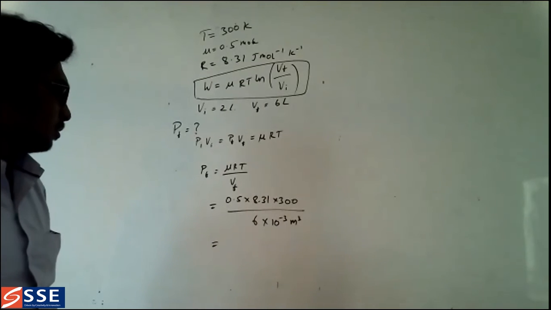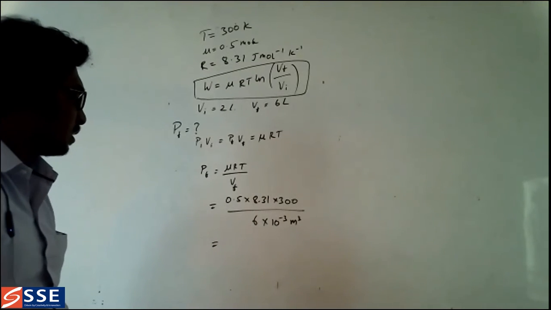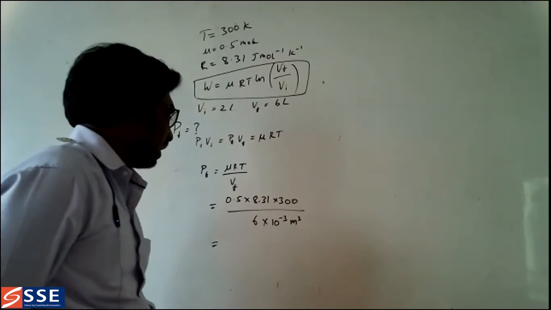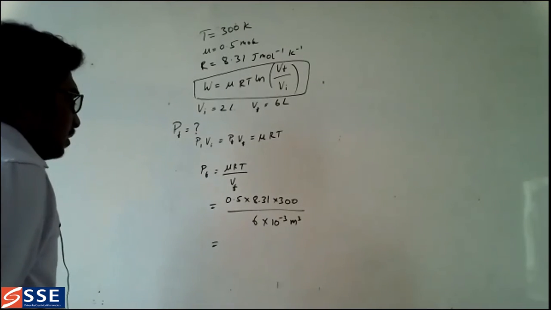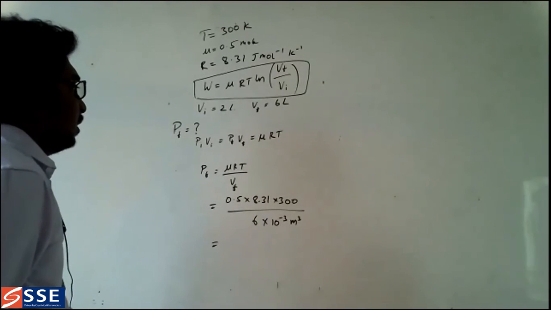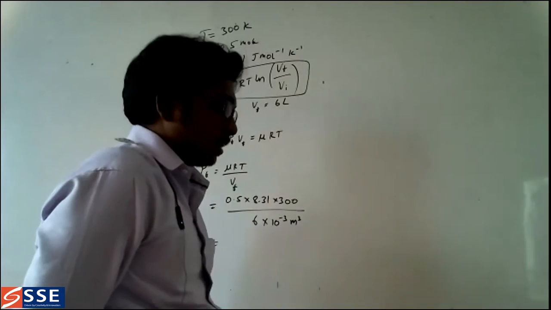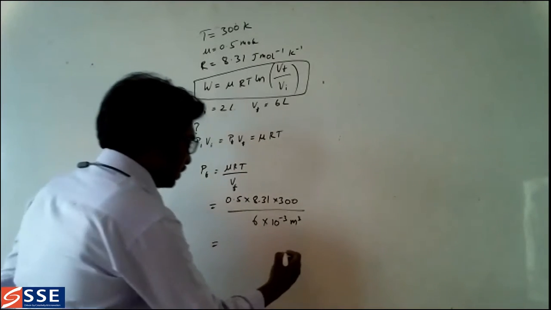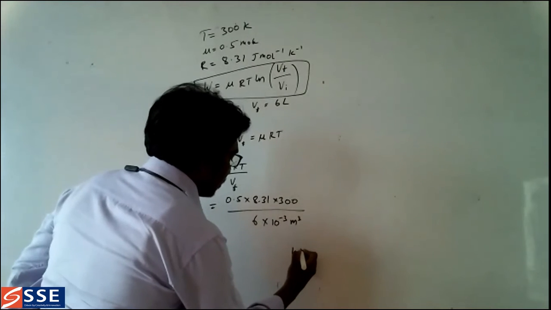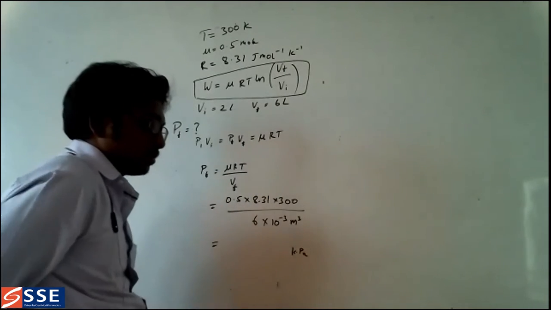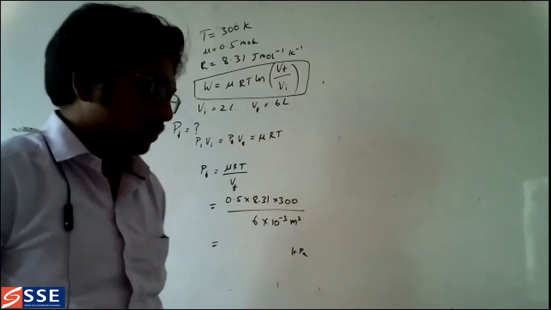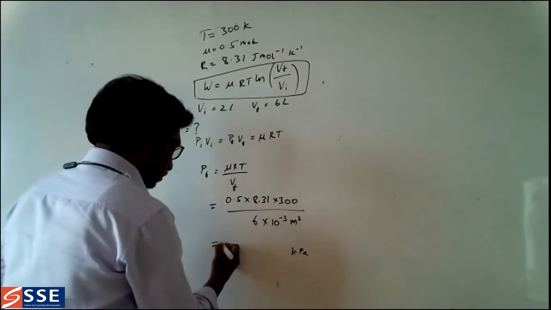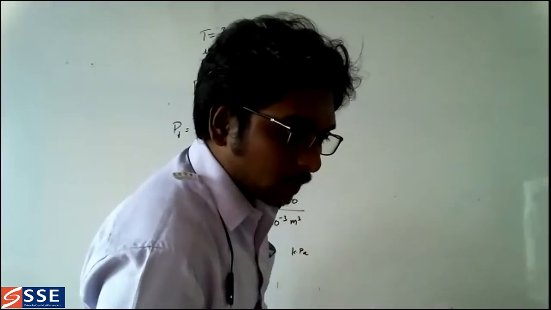So now solve. What is the formula? What is the answer? 0.5 into 8.31 into 300 divided by 6 into 10 to the power of -3 meter cube. One clue: the answer will be in kilopascal.